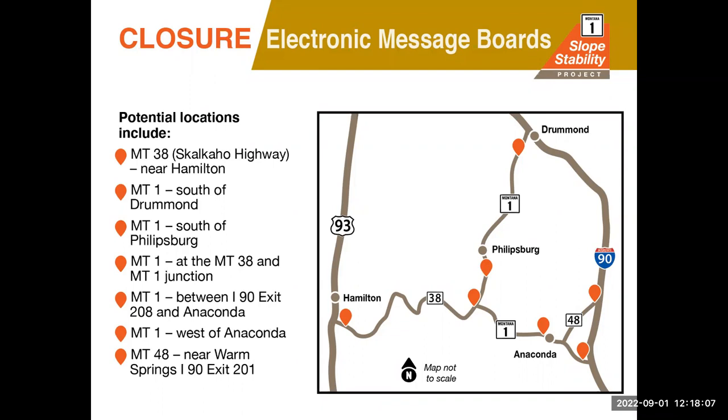As Matt mentioned before, these electronic message boards are a great tool for letting everybody know about the closures specifically. And these are some of the locations that are planned for when we get close to the closure. You can see they're at major intersections where folks can make decisions about which direction they want to go.